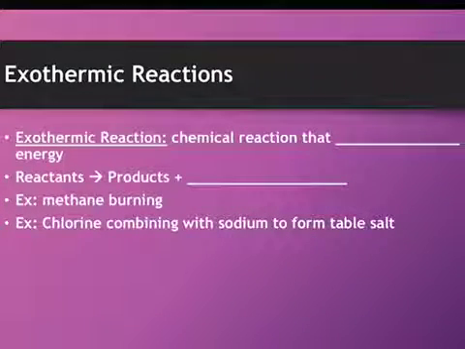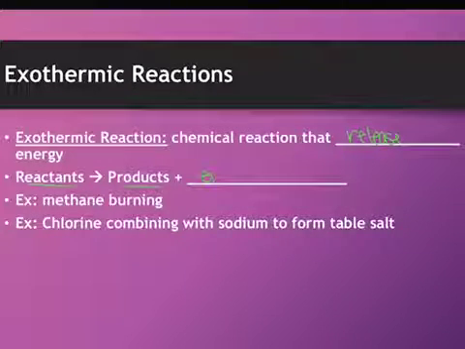Chemical reactions get classified as either exothermic or endothermic. Exothermic are chemical reactions that release energy, and so their basic equation looks like our reactants and our products with energy.